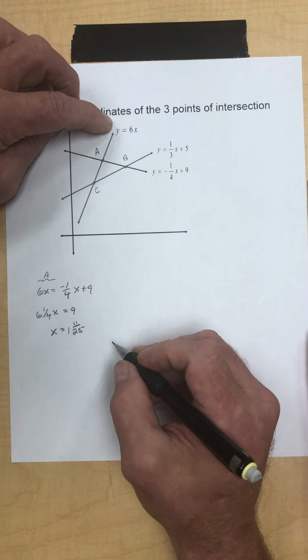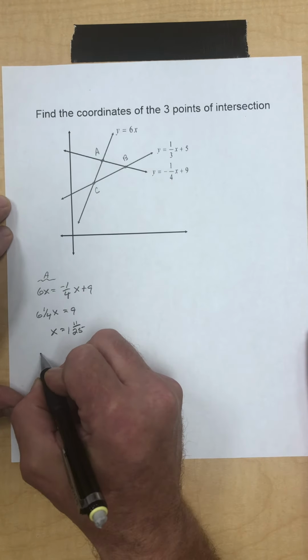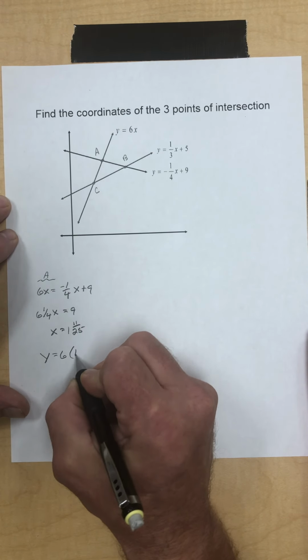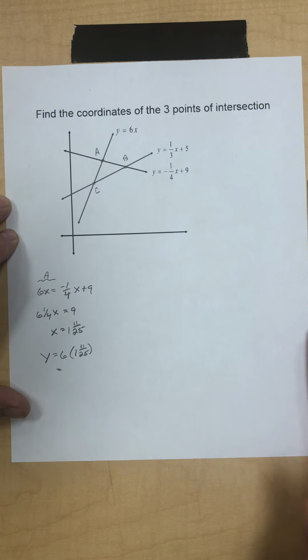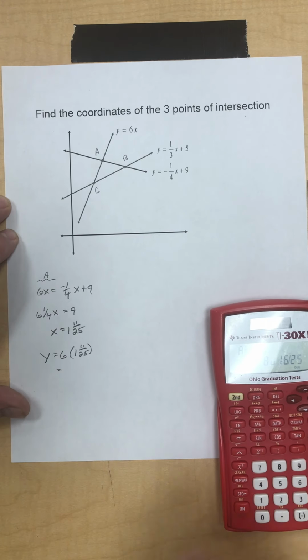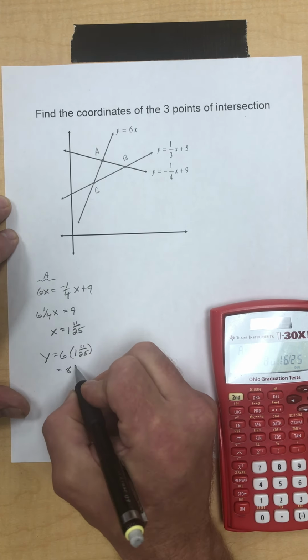Then I need to find my y coordinate, so we could go right here. Y equals 6 times 1 and 11/25. I take that and multiply by 6, and I'm getting 8 and 16/25.